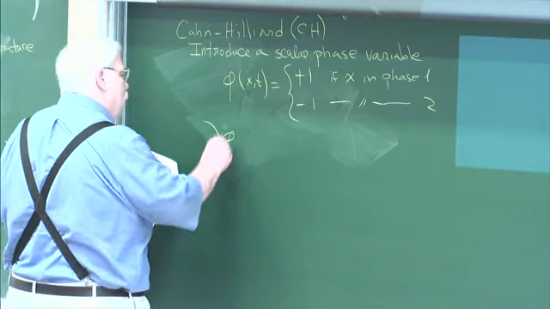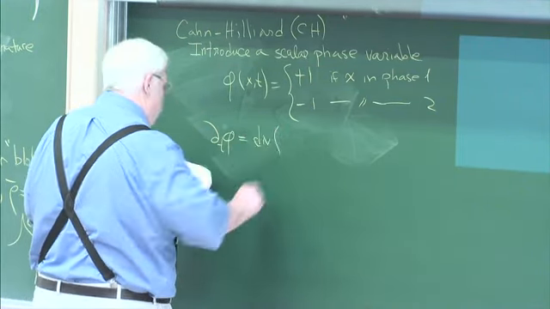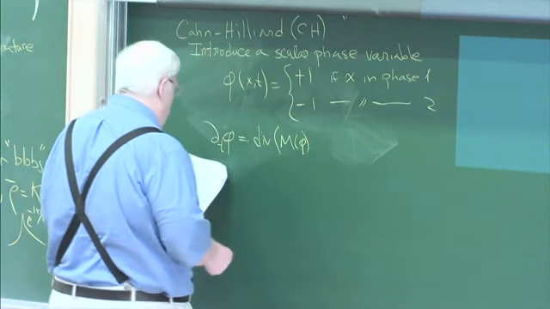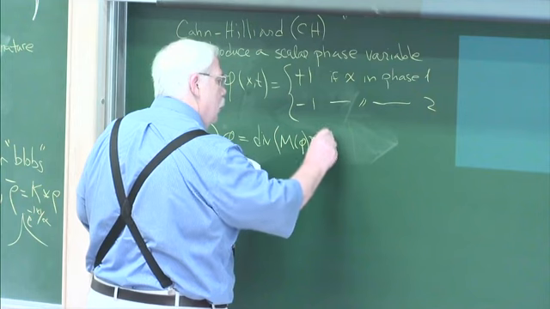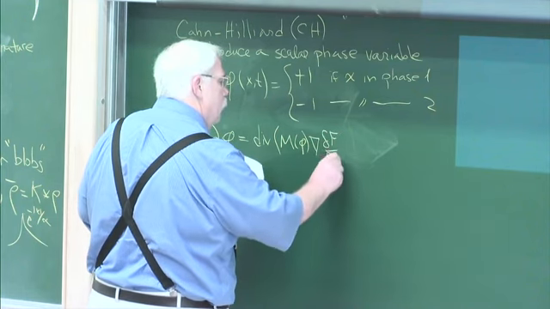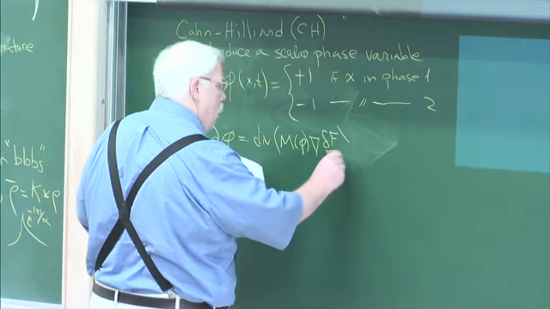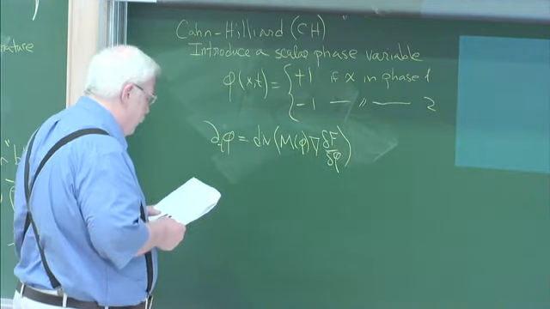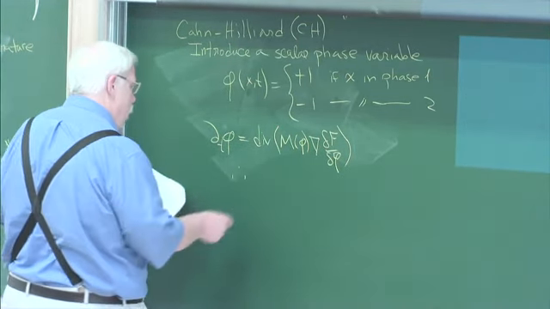d by dt of phi is the divergence of some mobility dependent on phi times the gradient of a variational derivative of, for example, a free energy function.